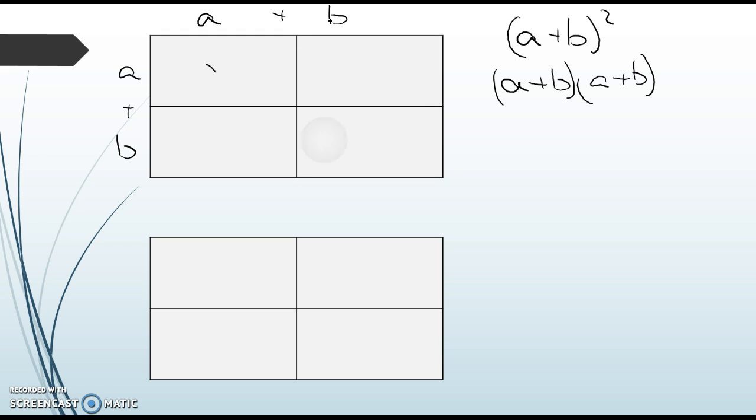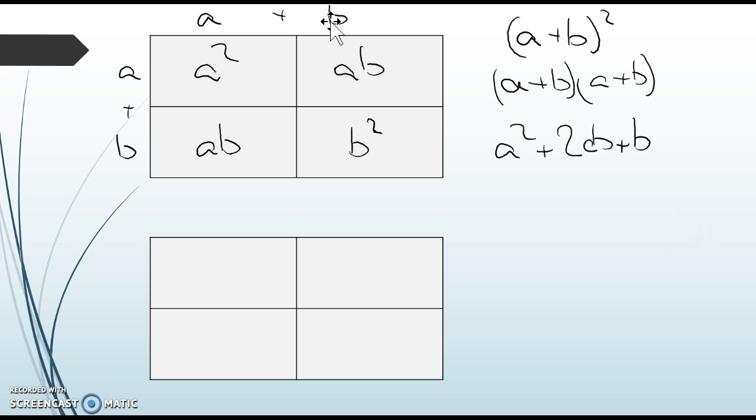So we have a squared and b squared. And here we have ab, and down here we have ab also. So we have a squared plus 2ab plus b squared.